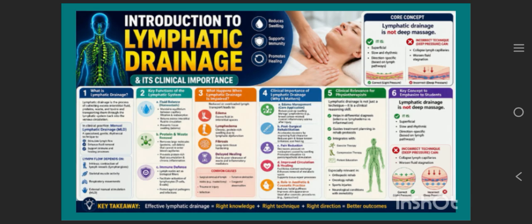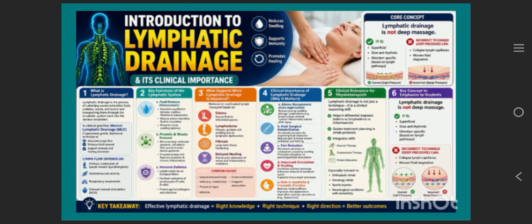The lymphatic system then acts like a drainage and filtration pathway, moving this fluid step by step through lymph vessels and lymph nodes, where harmful substances are filtered before it eventually returns to the venous system near the heart.